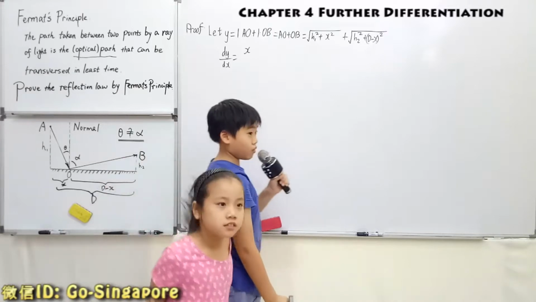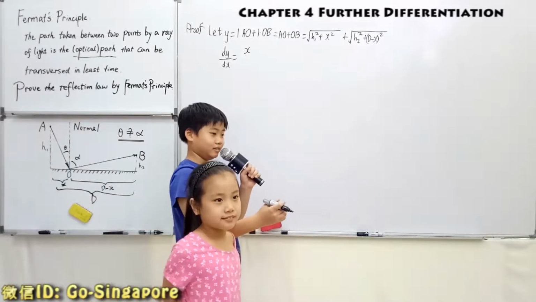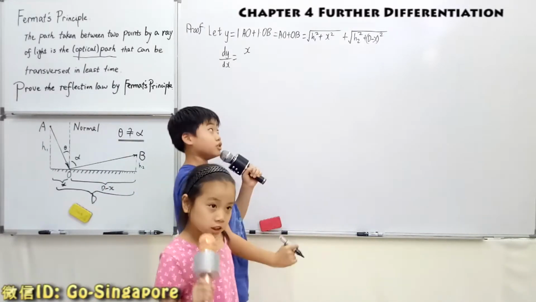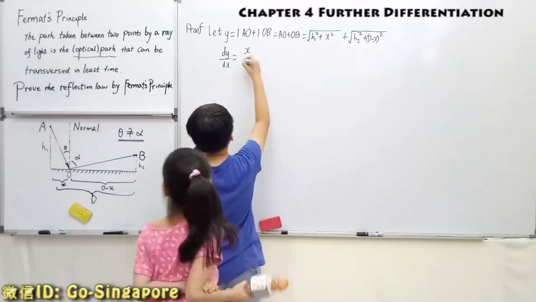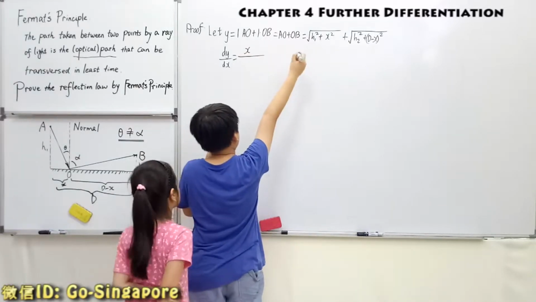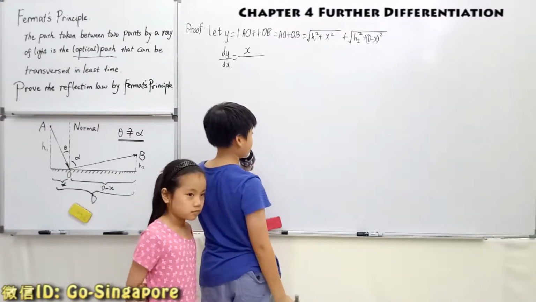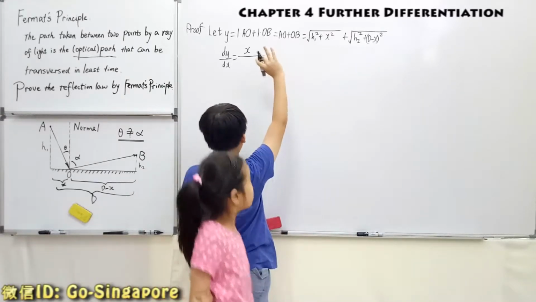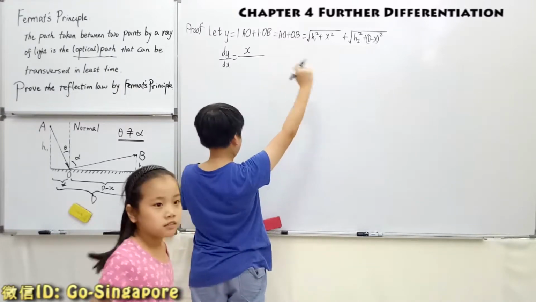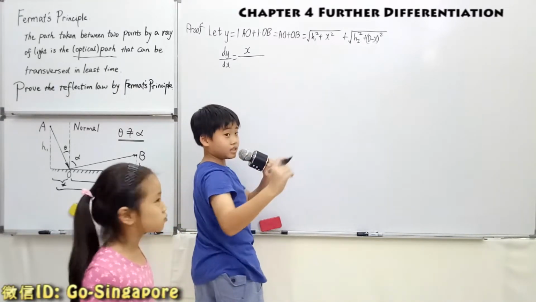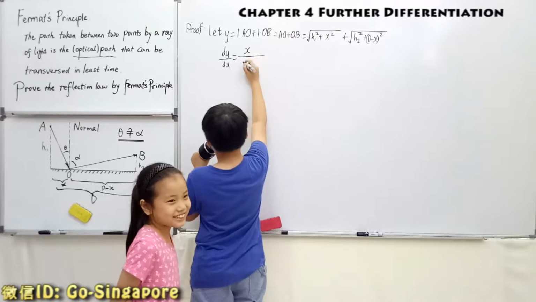Obviously for x squared, we have 2x, right? And we need to simplify. So it is x over that square root, which is to the power of half, right? You put that in front, then when you minus 1, it is a negative half, correct?